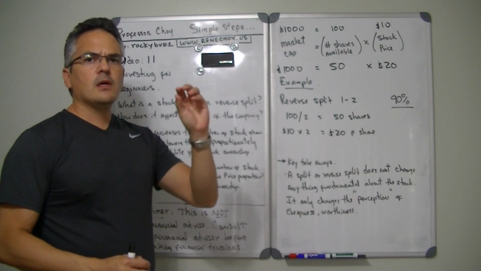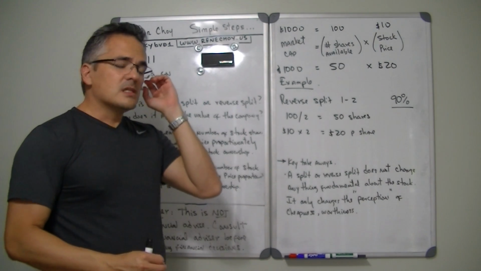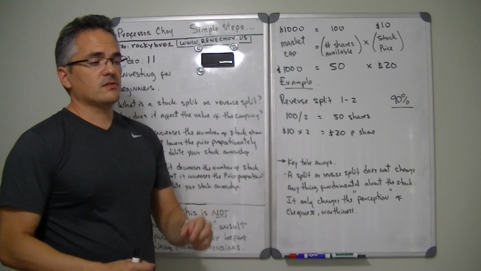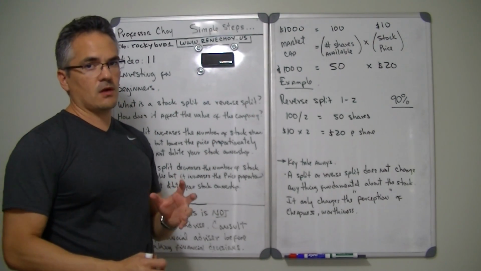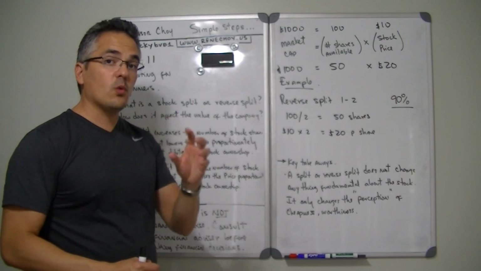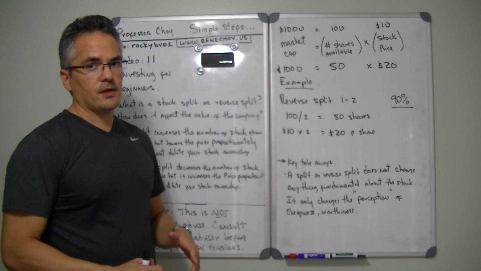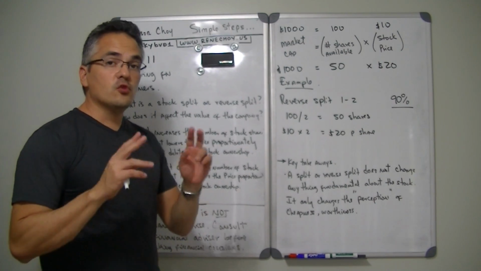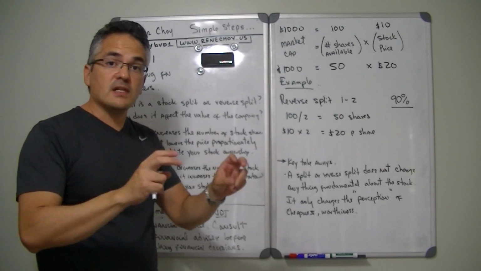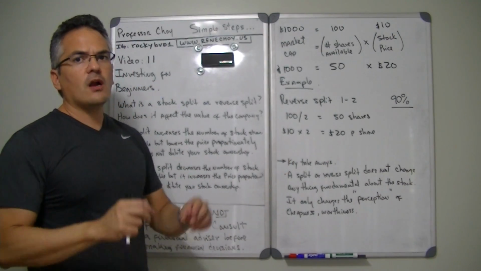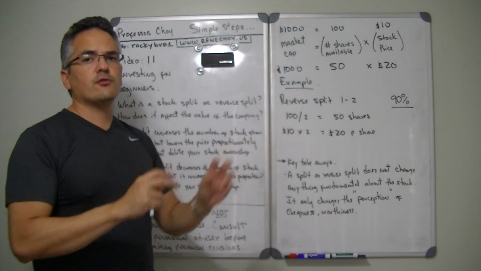The top 1% of investors basically own half of the stock market. And the top 20% own about 90% of the stock market.